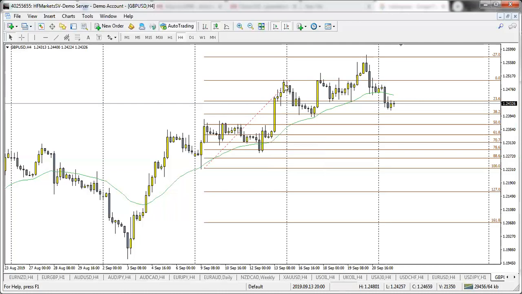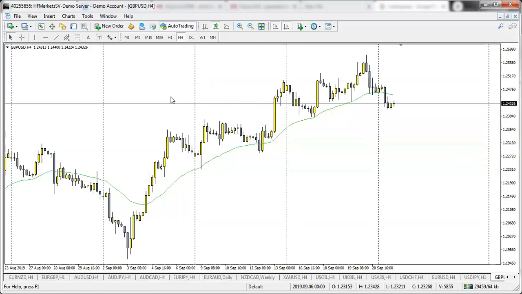Now look at this. The market went up and touched zero. See what happened again. 38.2. It must touch zero. Let me delete that and show you another one. Let's move it up a little bit more. I hope you are getting to understand this.